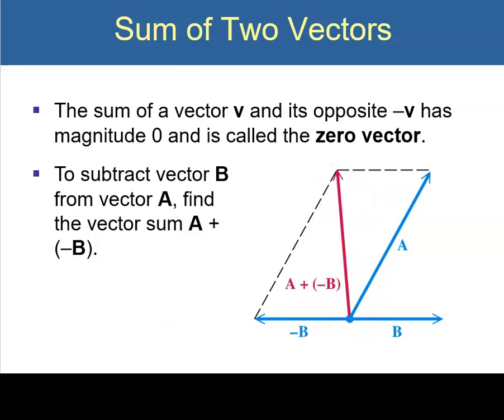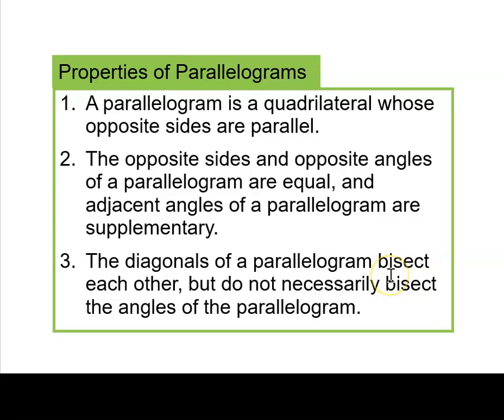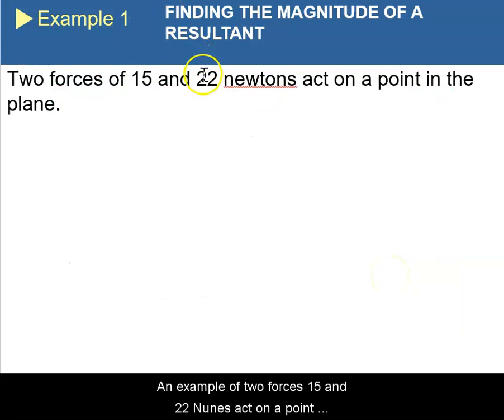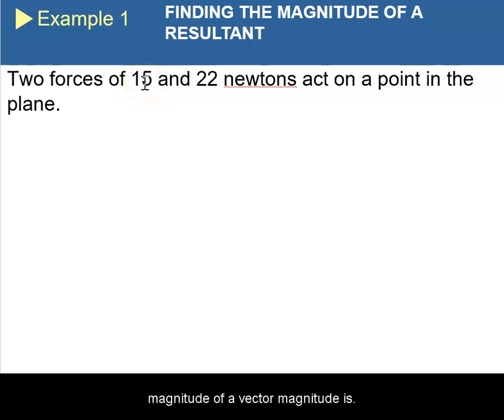So let's do an example. Two forces of 15 and 22 newtons act on a point in the plane. Again, the forces here represent the magnitude of a vector. Magnitude is length. It can also represent force.